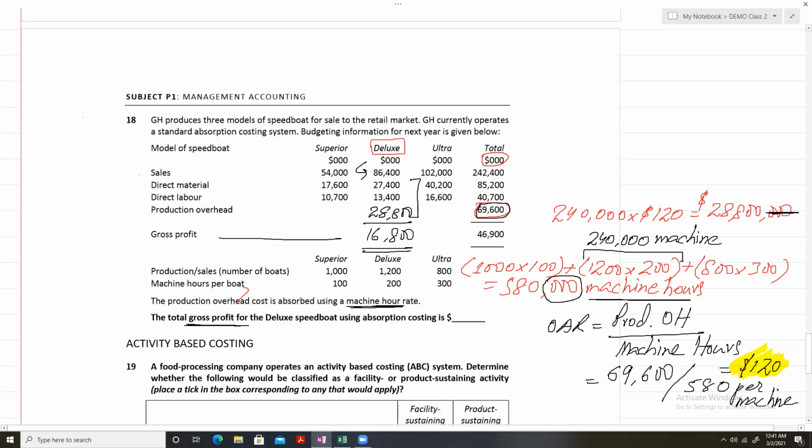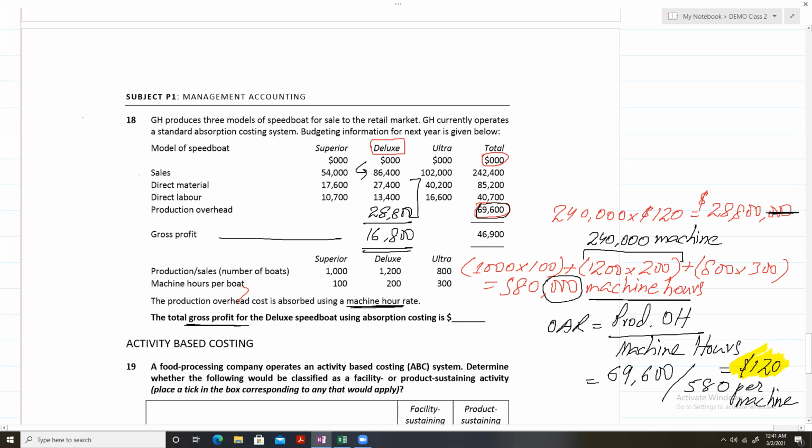This means that for each machine hour that is worked, a cost of $120 is incurred.